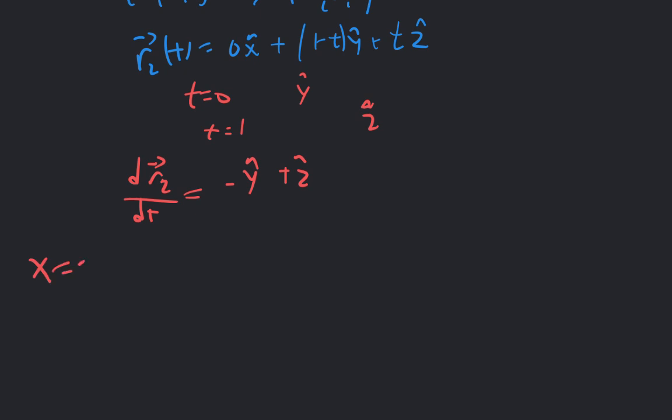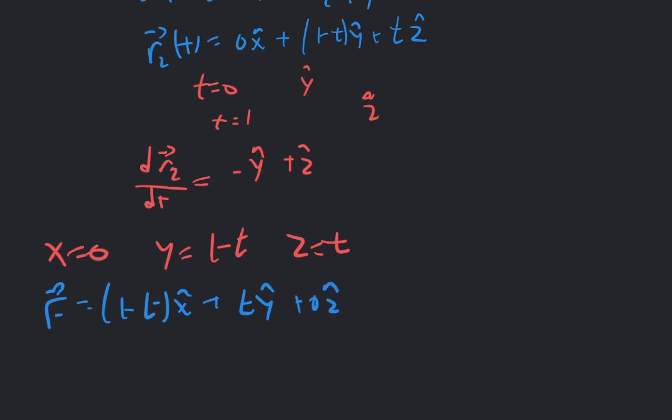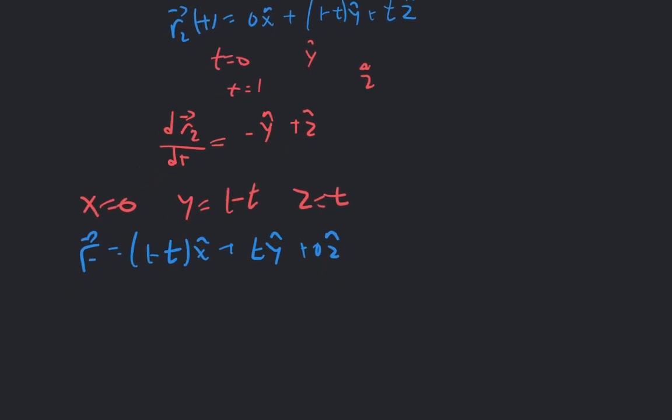We say x is equal to 0, y was 1 minus t, and z is t. So now we rewrite f: 1 minus t x unit plus t y unit plus 0 z unit, and then dot that with dr. Dot these two together, and we're going to get minus t.